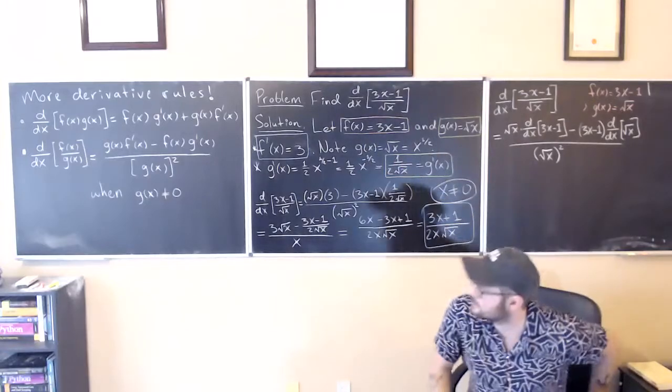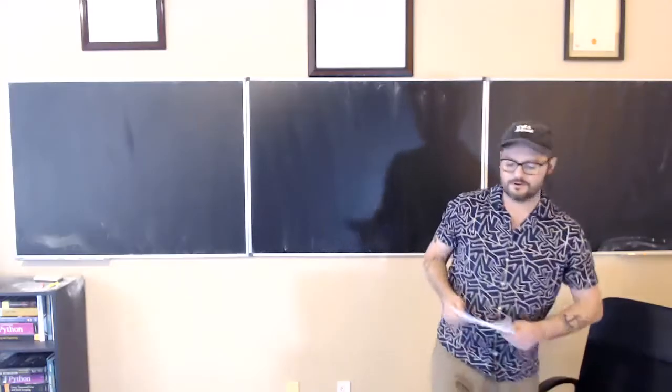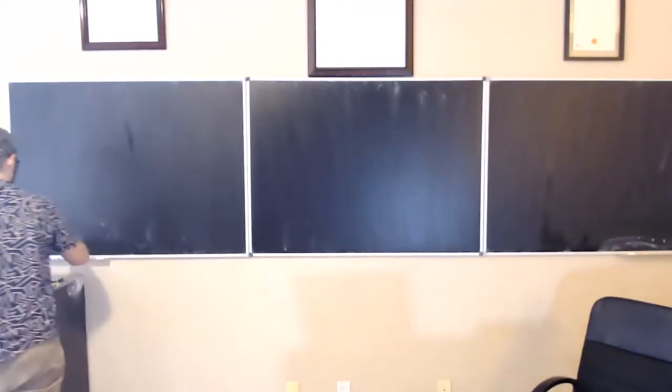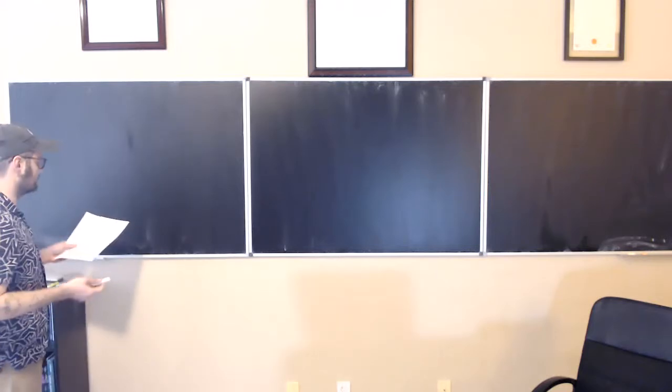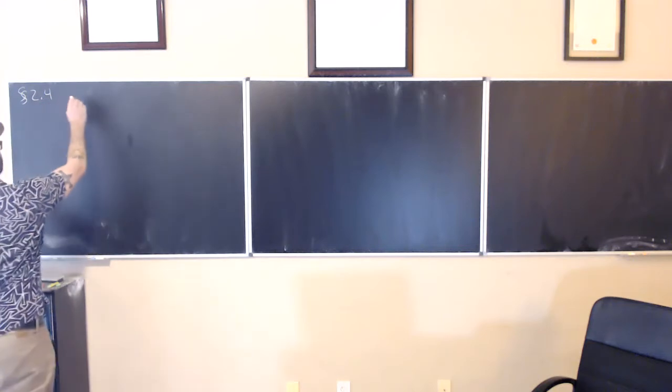So I'm going to pause the recording real fast. Okay, so now that we briefly discussed the product and quotient rule, we're going to move to arguably the most important rule of differentiation. And this is section 2.4 from your textbook.